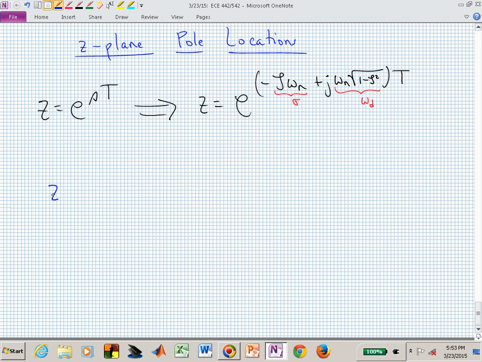Which now we can break into two parts by distributing that sampling period, capital T, through those two parts of that complex exponential. We now have e to the minus zeta omega sub n T, and we have another piece, e to the j omega sub n T square root of 1 minus zeta squared.